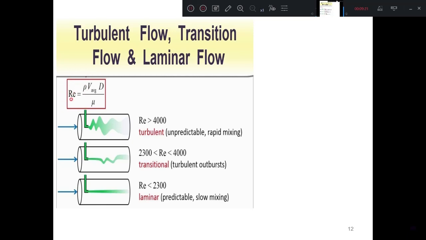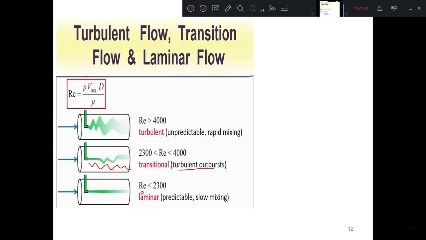If the Reynolds number is more than 4000, it is called turbulent flow, meaning unpredictable, with rapid mixing. If it is in a transitional state, in a wavy form, called turbulent outburst, the number is between 2300 and 4000.